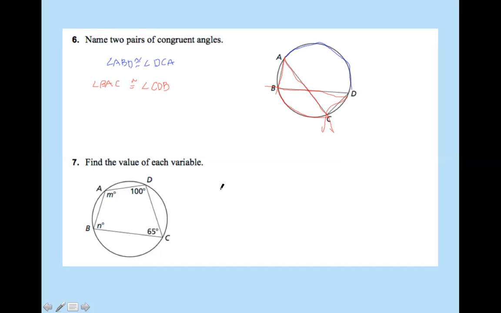So I can say that n is equal to 80, right? And then I can also look here, 180 minus 65. Remember, again, supplementary angles add up to 180. So 180 minus 65 leaves me with m equal to 115.